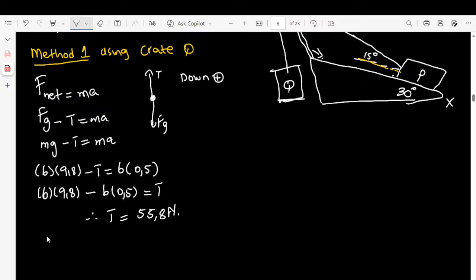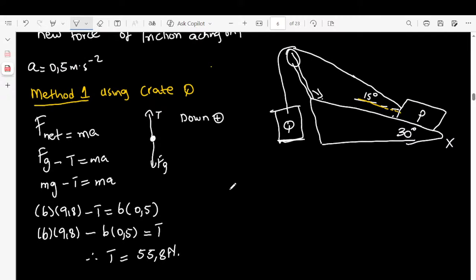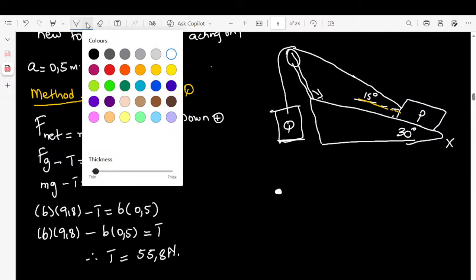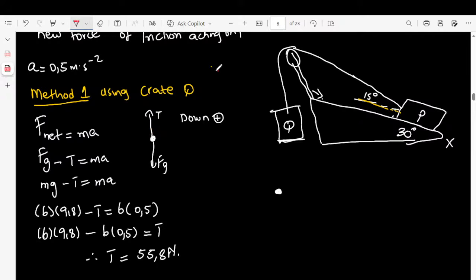If this is my tension, what's next? I need to draw a free body diagram indicating all the horizontal forces on Q. Remember, if the string is applied at an angle, look at this. This is my string.